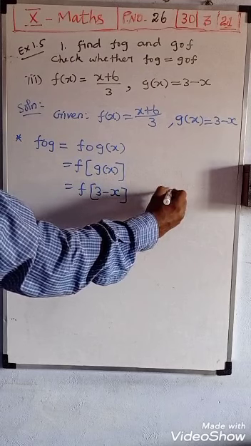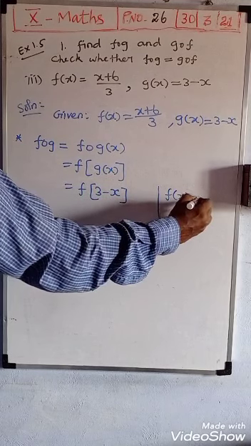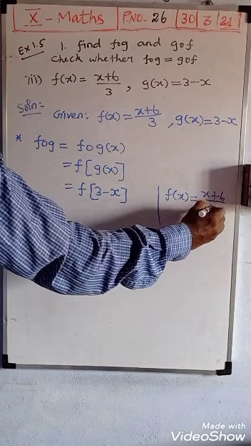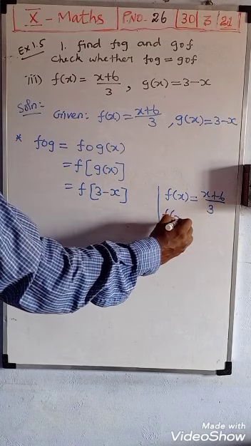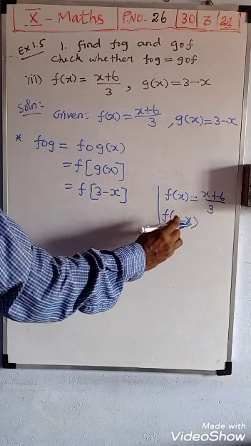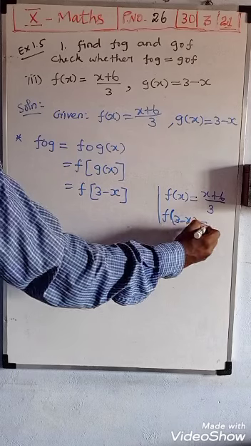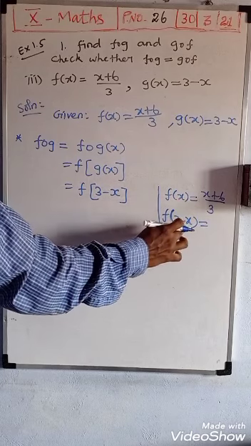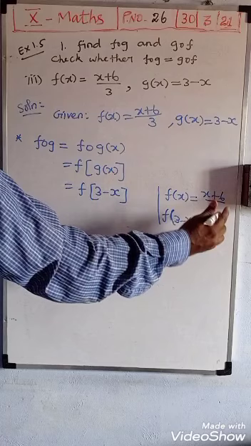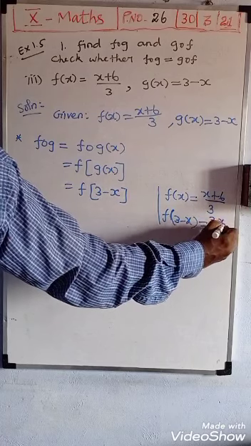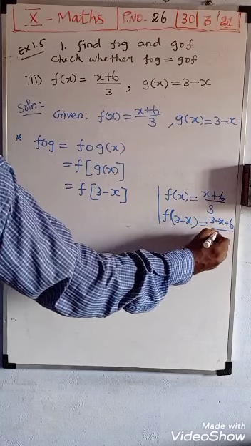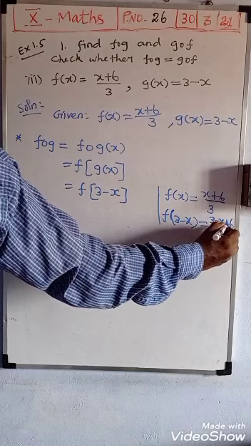First you write f of x as (x plus 6) by 3. So f of 3 minus x means instead of x write 3 minus x, so (3 minus x plus 6) by 3.